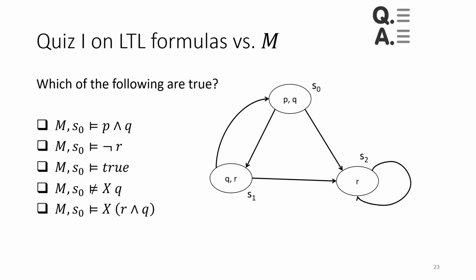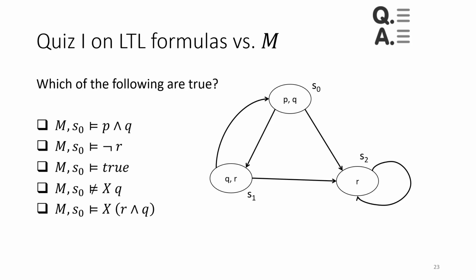Now, starting from S0, all paths that we can construct, do they satisfy, well, here it says, do they not satisfy next Q? So let's see if it satisfies it. So what are the possible next elements? Now we could have more than one path, right? Because one option is to go here and one option is to go there.